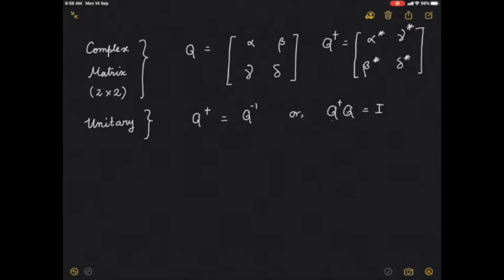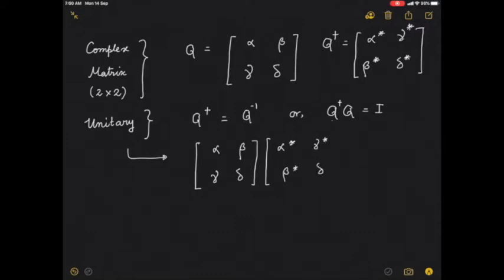So this condition, or either of these conditions, will lead us to this product with alpha, beta, gamma, delta here. This equals the unity matrix.